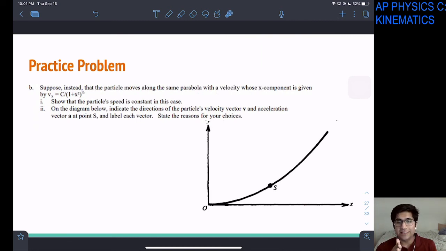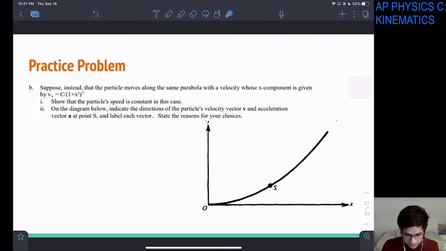Earlier we were saying that the x component is constant, but now we're saying the overall particle speed is constant. So we look at the overall velocity vector of the particle, the magnitude of it is its speed, and we have to show that the magnitude of the overall velocity vector is a constant. So that's what we're going to have to show.